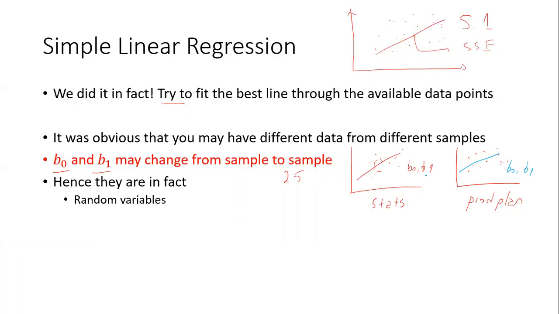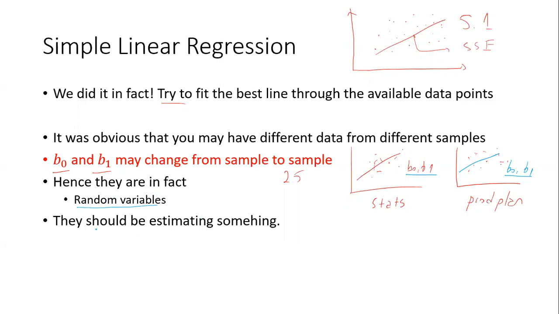Okay, so the B0 and B1 that you found in the stats class will be different from the B0 and B1 in the production planning class. So B0 and B1 in each class, in each sample, will be different from each other. So in fact, these B0 and B1 are random variables, okay?